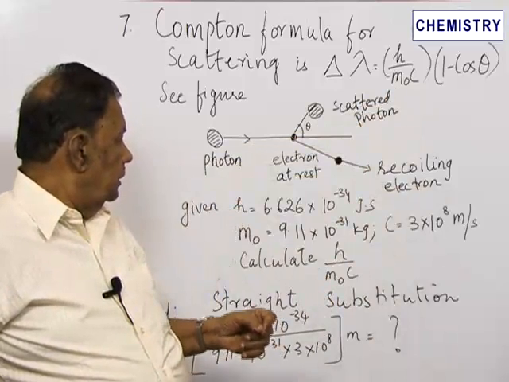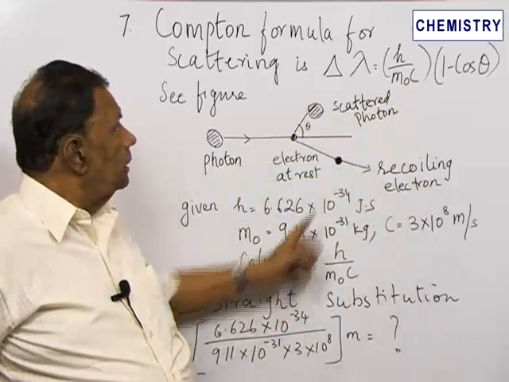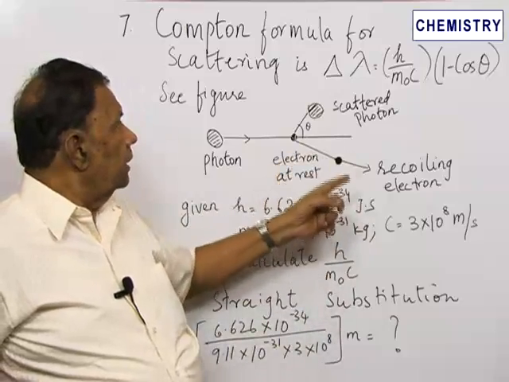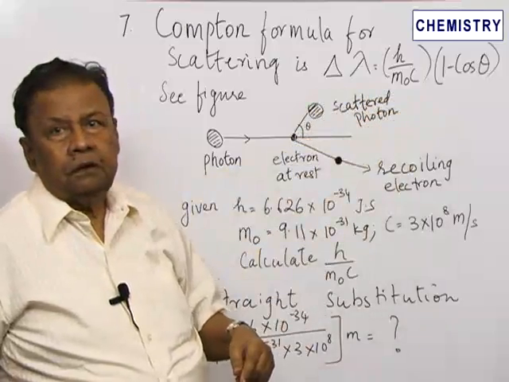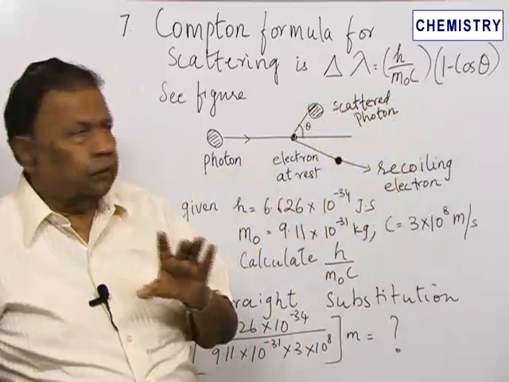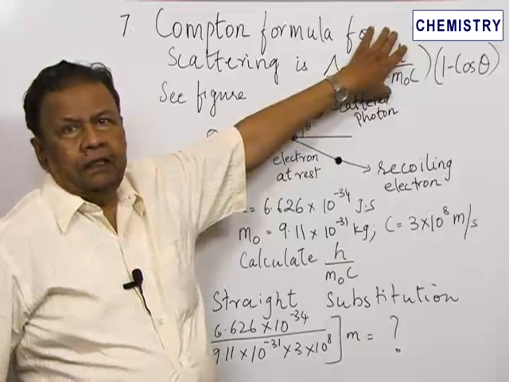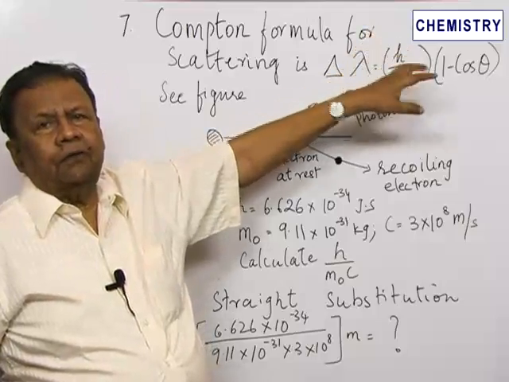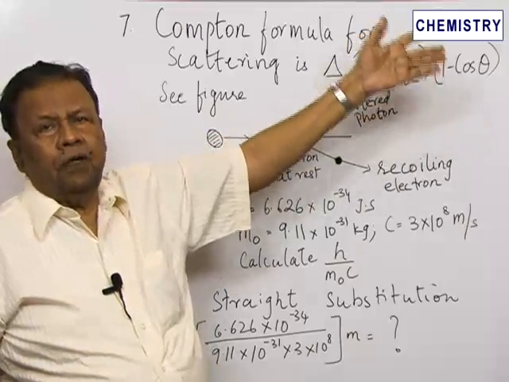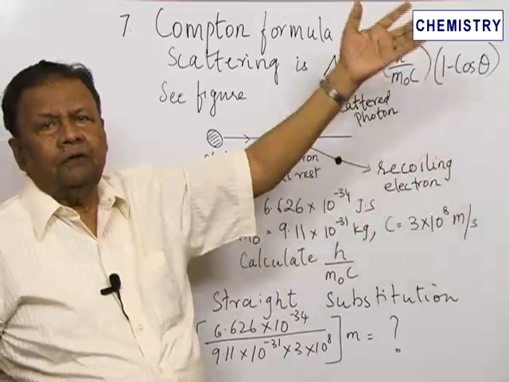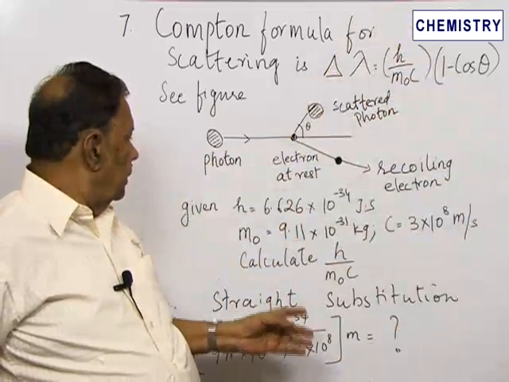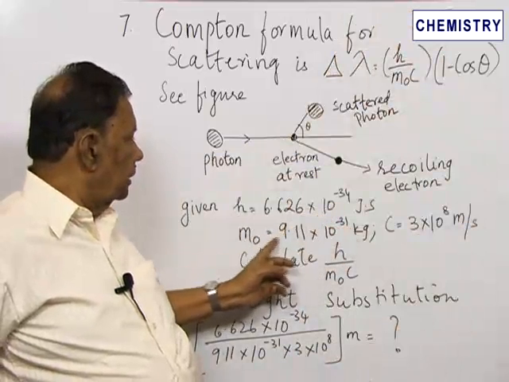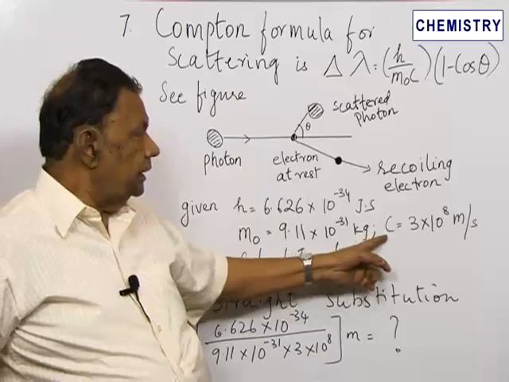Here, the problem is to calculate h by m naught c. The formula is already given. What you have to calculate is only this quantity, and in order to calculate that quantity, you should know the value of h, the value of m naught, and the value of c. Don't you understand here? H is given, m naught is given, c is given.